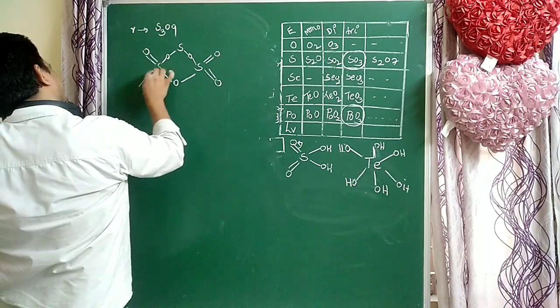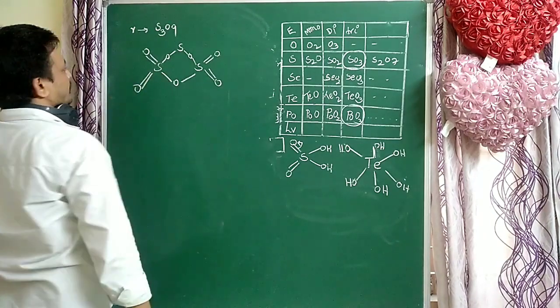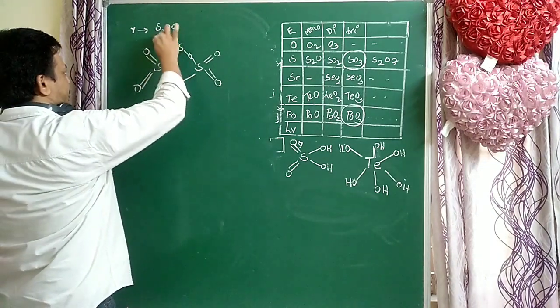So this is the trimer form of the gamma form, the cyclic trimer.